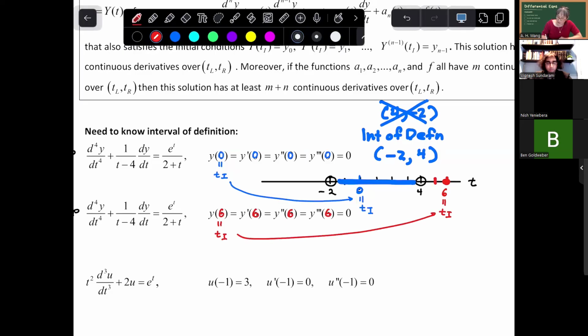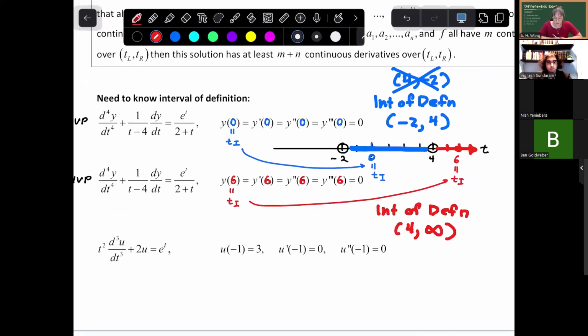So what you have is 4 to infinity, and you just write interval of definition, 4 to infinity. There you go. It's so easy. I'm going to let you guys do this last one, and it's just going to take less than 30 seconds, I know.